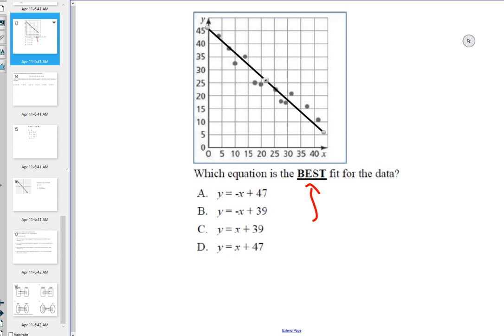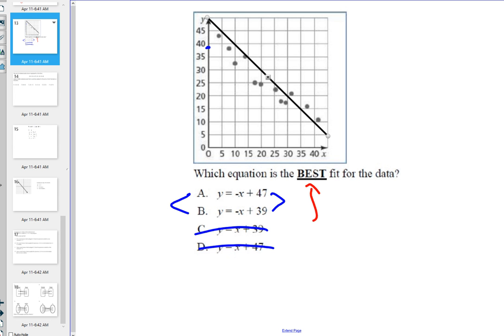This definitely has a negative slope, so it cannot be either of these. Now, both of the choices that are left have the same slope of -1. The main difference is where we are touching the y-axis. Well, it's definitely not at 39. 39 would be somewhere down here. This is what a slope of -1 looks like, where we have the same rise and same run.